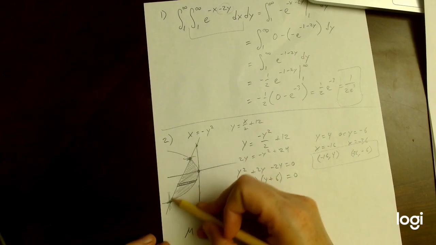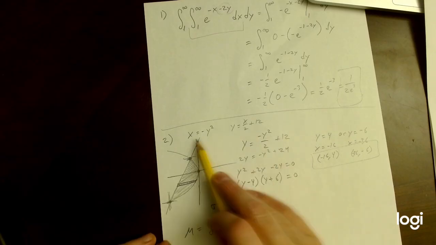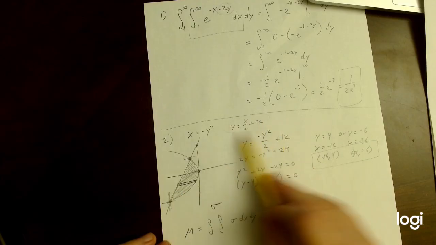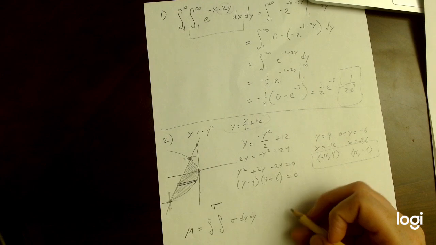So now I have to figure out what is my lower x limit and what is my upper x limit. But they're actually just defined by these two functions. So the lower x limit will always be the one defined by this line. So I would need to just solve this equation for x.